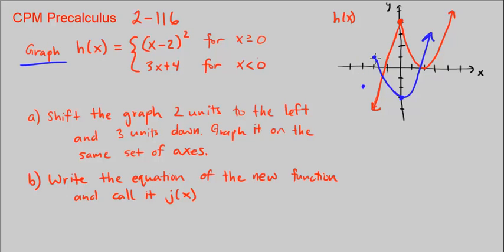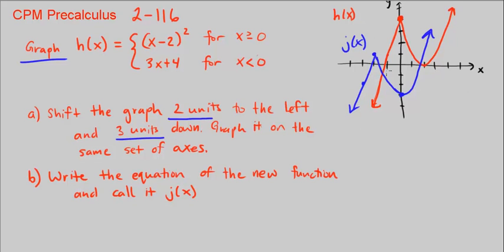So it's moving to this point. Here, again, we have the line like this. So in red, we have h of x. And in blue, in part B, they say call it j of x. So let's write j of x here in blue, shifted 2 units left, 3 units down from the original function in red.